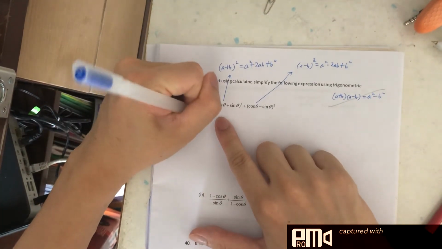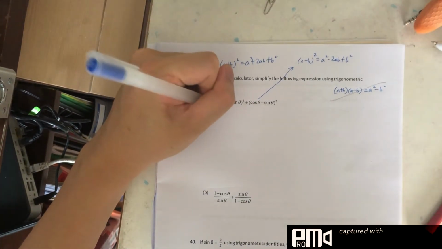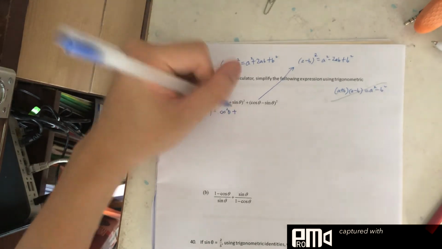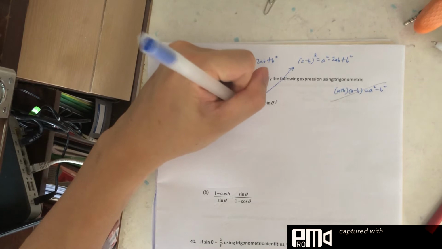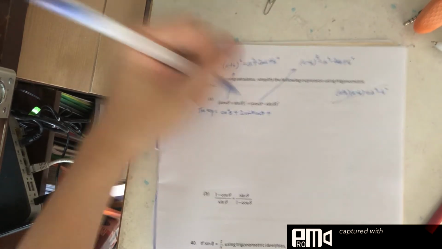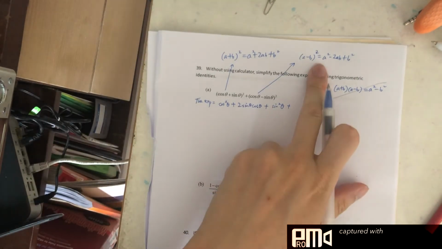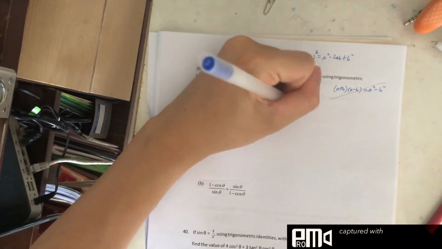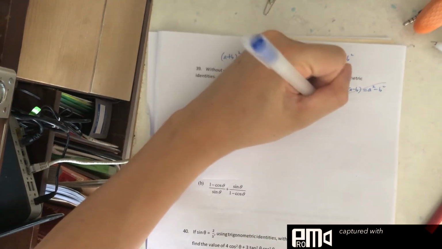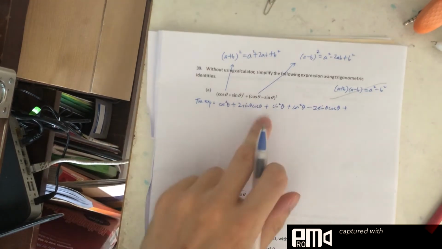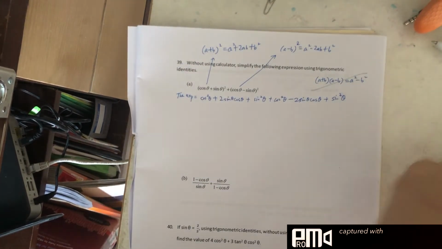The expression equals this one squared. That means (cosine theta) squared, plus 2 times cosine theta sine theta, plus (sine theta) squared. That means cosine square theta plus, again, this one squared, sine square theta, minus 2 times sine theta cosine theta, and then plus this one squared, cosine square theta.